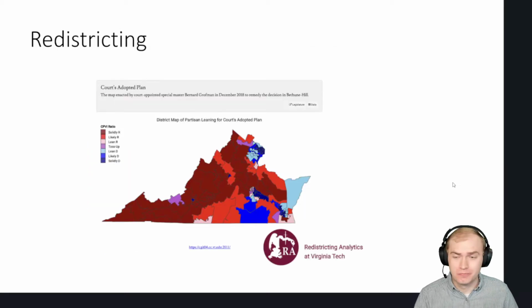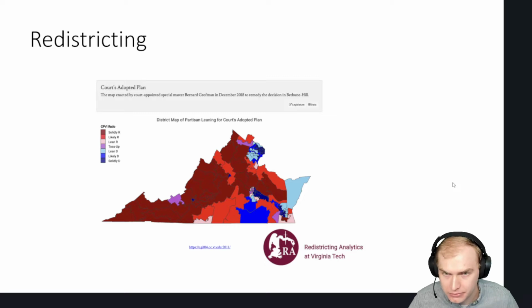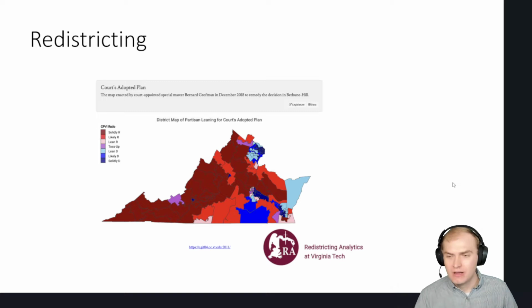My field, the field that I've been studying, is redistricting. So here's a map of the voting districts for, I believe, the congressional seats in Virginia. That might not be true. I don't remember. This is an old figure.